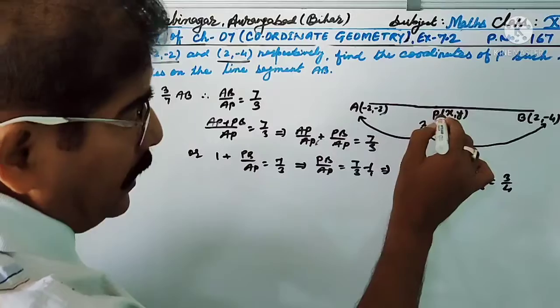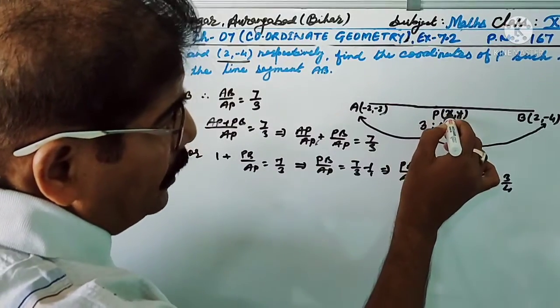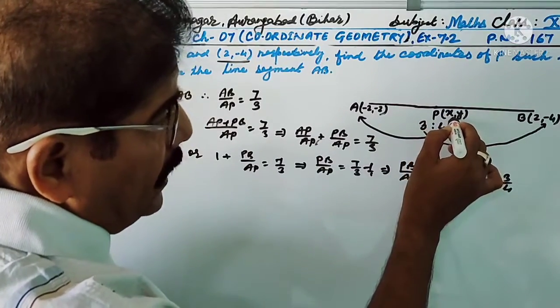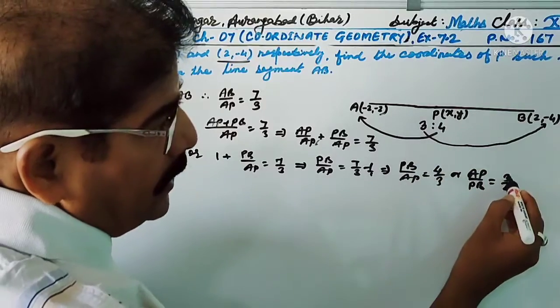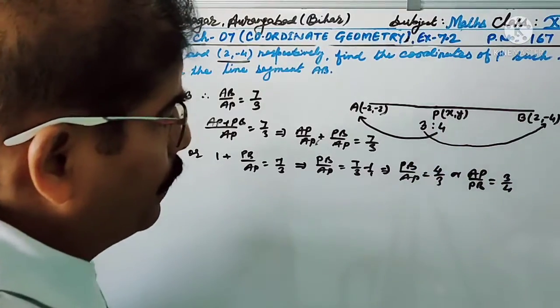So the point P (x, y) divides the line segment in the ratio 3:4.